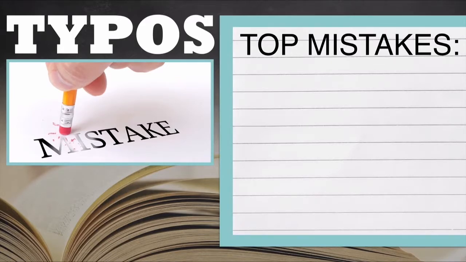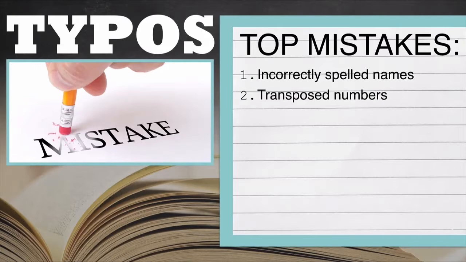First one is incorrectly spelled names. A lot of times we'll spell someone's name wrong, and that is probably one of the worst mistakes we can make, especially if we're sending something to someone who is at a higher level than we are. So you really want to make sure that you watch that. Transposed numbers. A lot of times we'll transpose numbers in addresses or when we're talking about calculations.